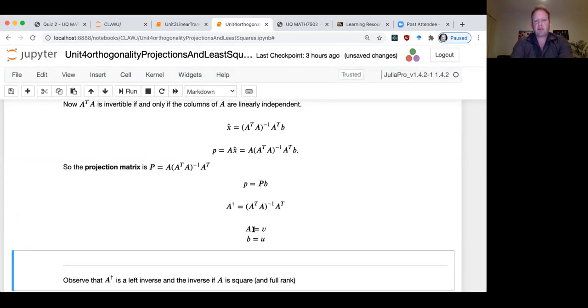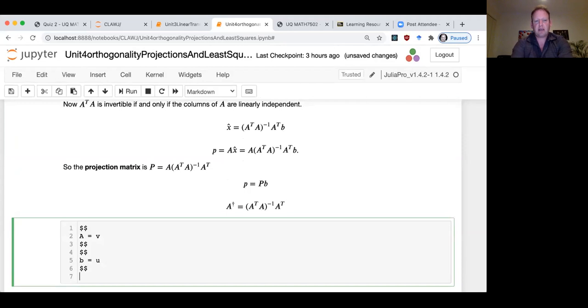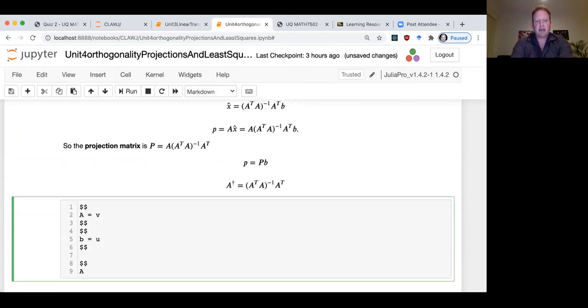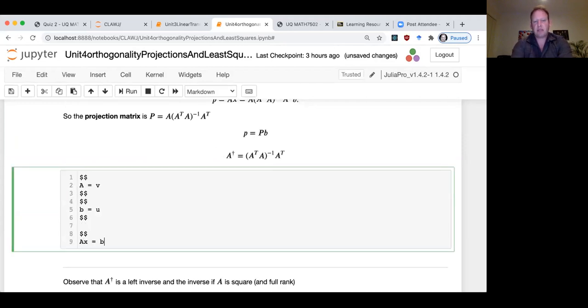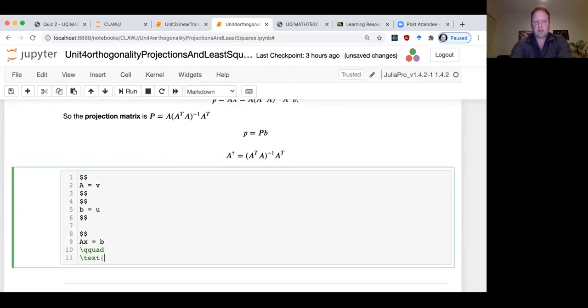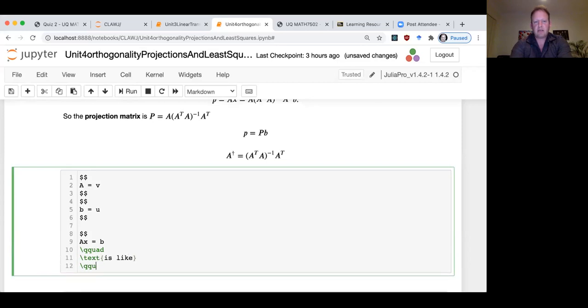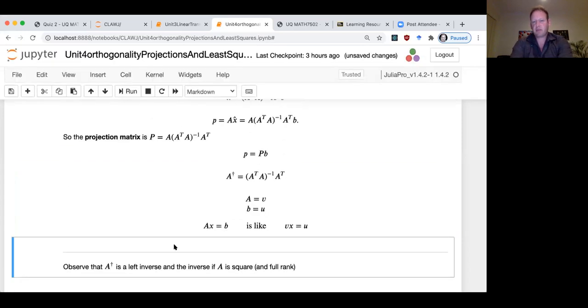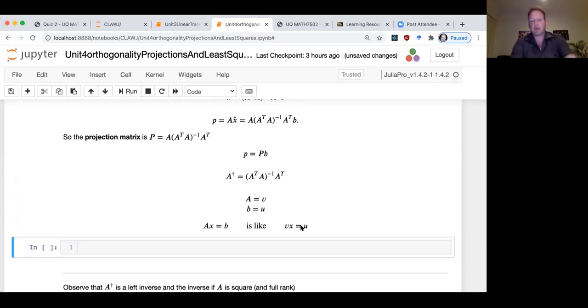Basically, what we're trying to solve, if we're saying Ax equals b, is like Vx equals u. Sorry, it's a bit stupid what I'm doing, but that's just the way the lecture has gone. But it's okay. We'll learn something from this, and maybe you learn from my hesitation. Okay, so Ax equals b is like Vx equals u.